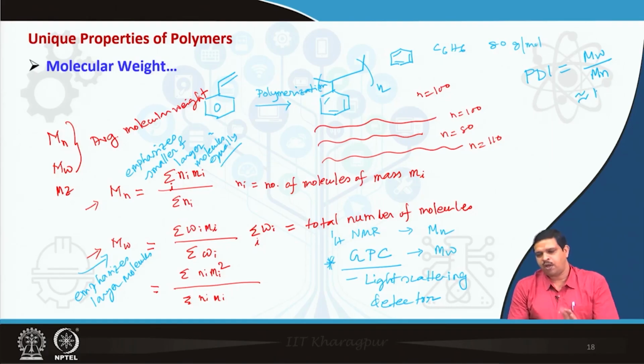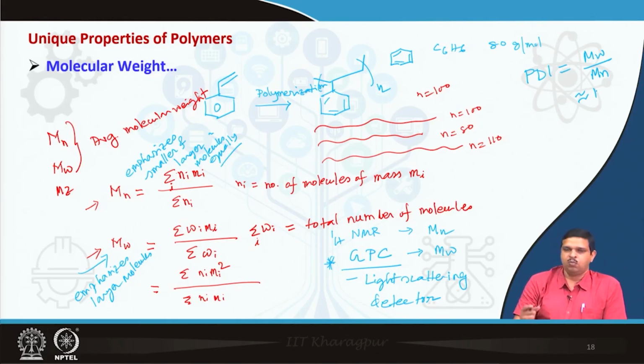If the PDI is nearby 1, then the polyethylene will be more rigid due to high crystallinity, and more brittle. So, it depends on the application what kind of polymer we need, but yes, if PDI is close to 1, that means your polymerization method is more well defined, more controlled, okay, fine.